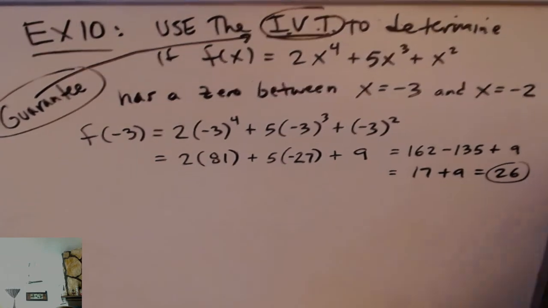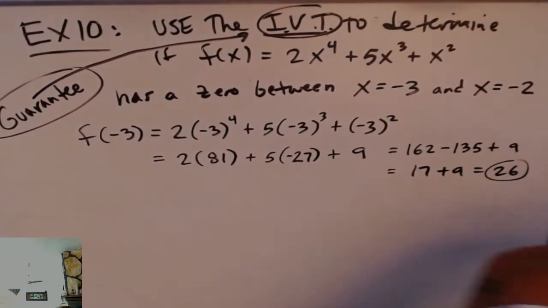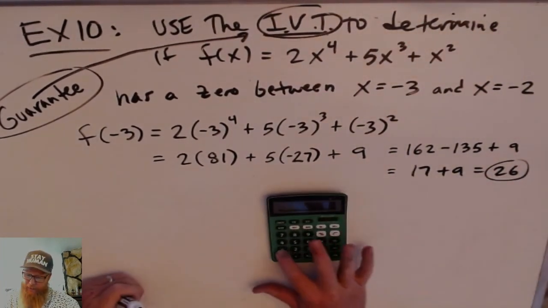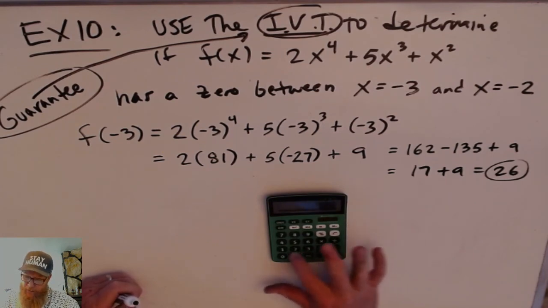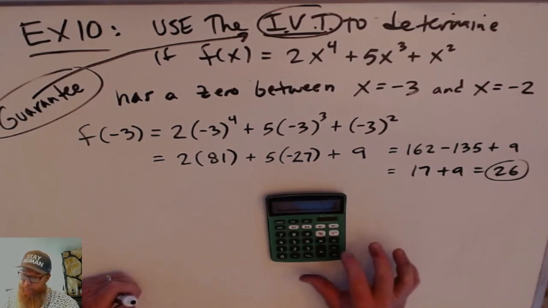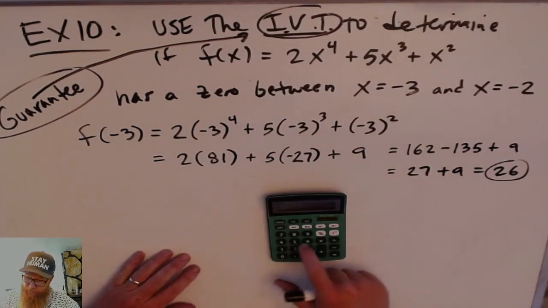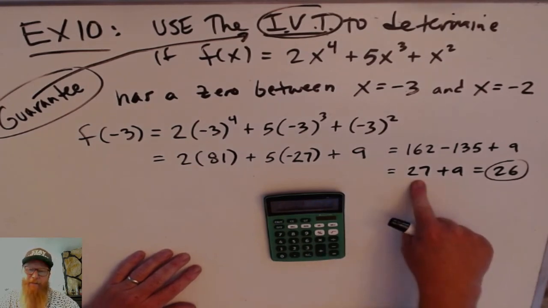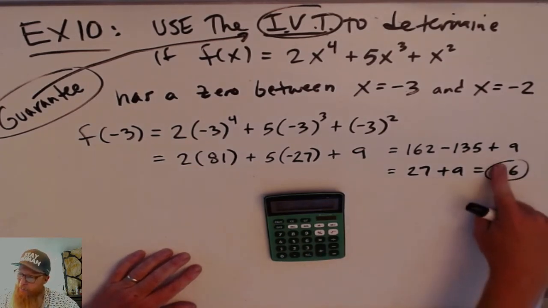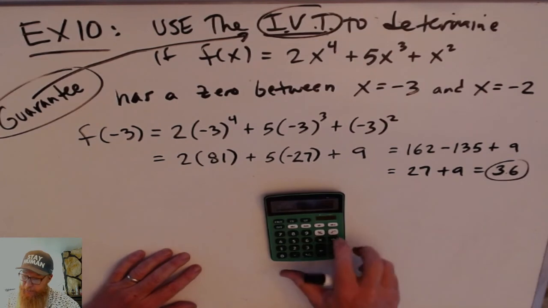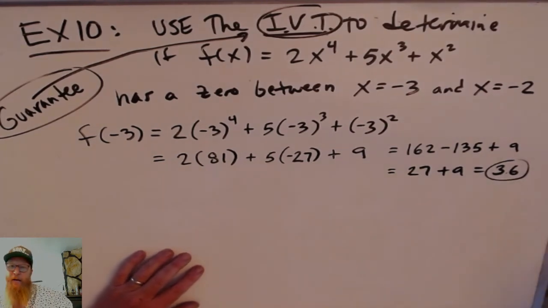If you don't want to gamble and your brain is tired, use your calculator. 162 minus 135. Oh, 27. I'm glad I used my calculator. Plus 9 is 36. I don't need the calculator for plus 9.